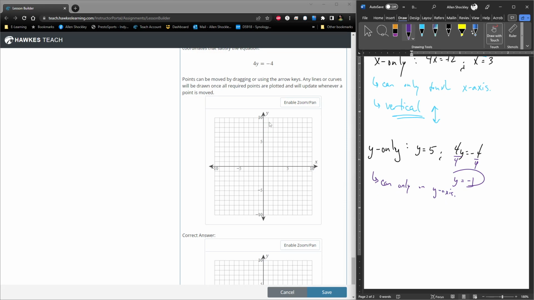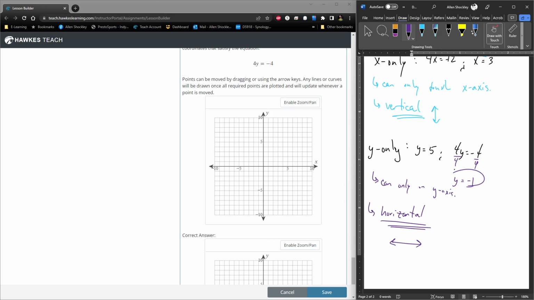Because it can only be on the y-axis, you would think that it's vertical, but it is not. Y-only lines are horizontal. So this way.